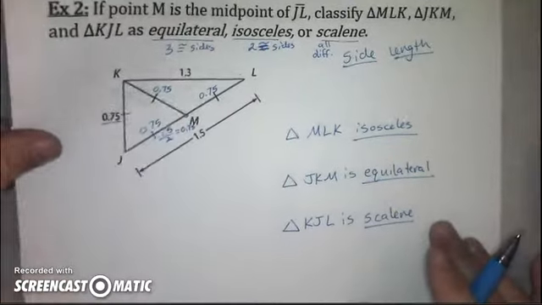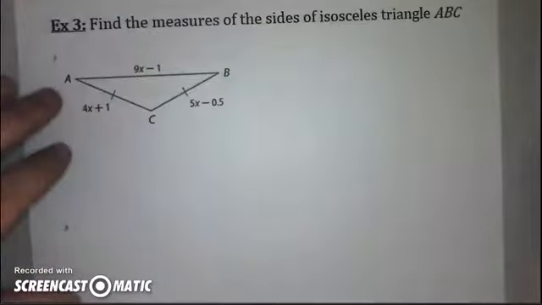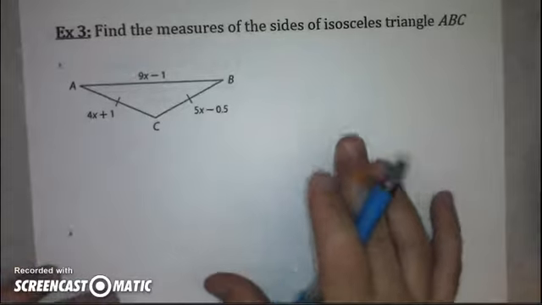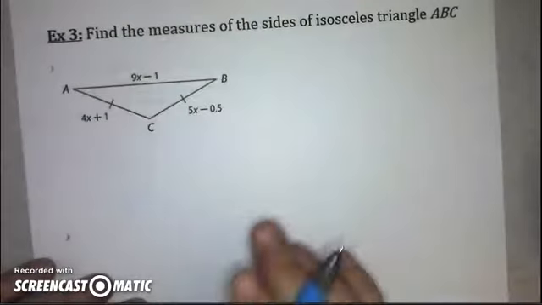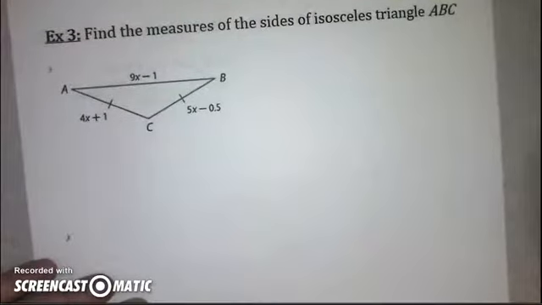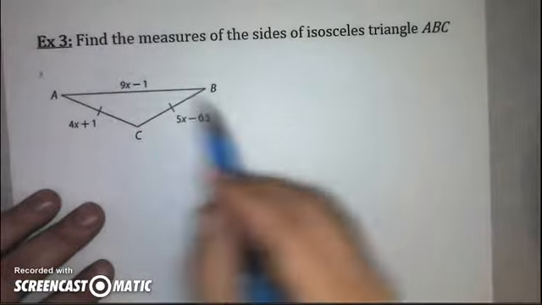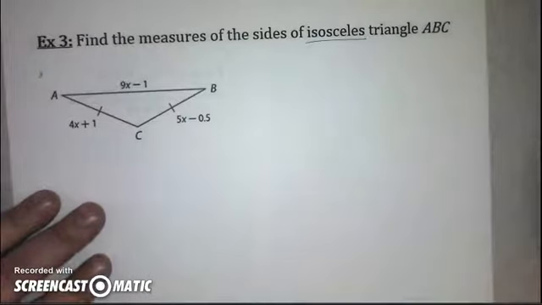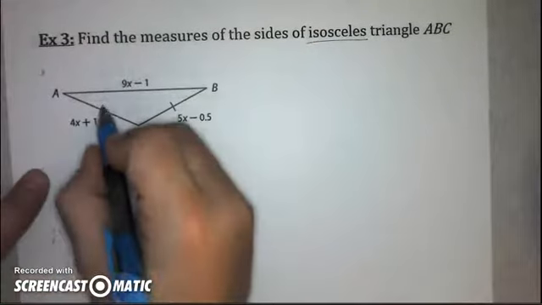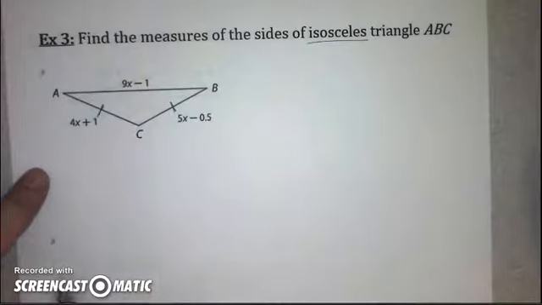All right, let's move right along to example 3. This deals with finding measurements given these algebraic expressions and a specific kind of triangle that it is. So in example 3, we are told that triangle ABC is isosceles. That means there are 2 congruent sides, which they have marked for you here and here. So to find the measure of all 3 sides, we have to know what x is.